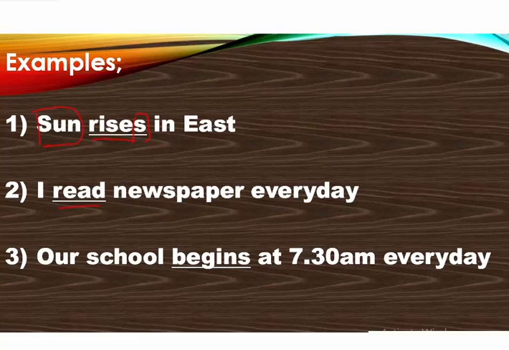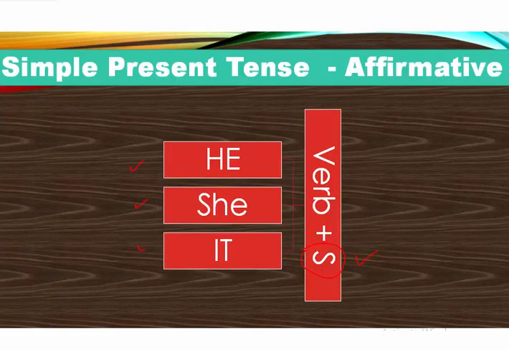See the third example. Our school begins at 7:30 a.m. every day. Here the verb is begin. It's joined with s because our school comes under it.